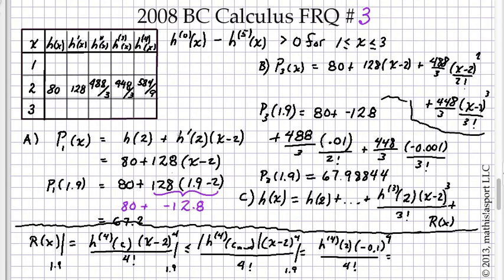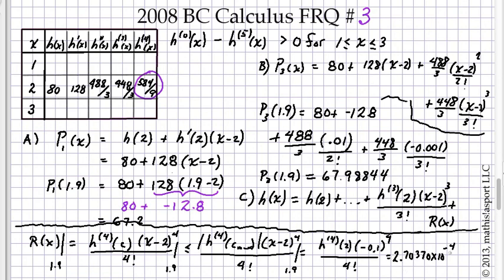When you plug in what you have from this table over here, namely the fourth derivative right at x equals 2, you get a number, namely 2.670370 times 10 to the negative 4.